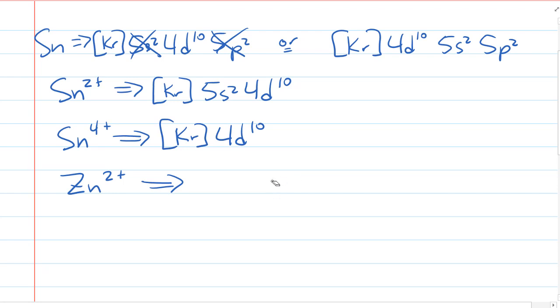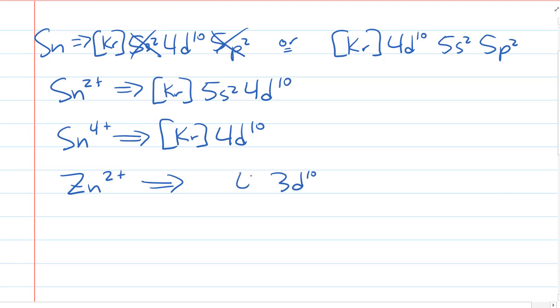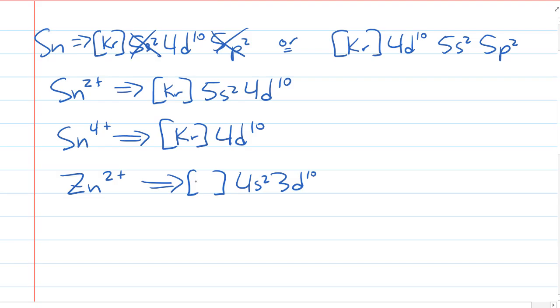Remember, if it's in the d block, we take n minus 1 d. And then it's going to have, in addition, these over here, which are the 4s2 electrons. And then we put in the noble gas core. The noble gas core for zinc is going to be argon. Okay, so this is the configuration for neutral zinc.